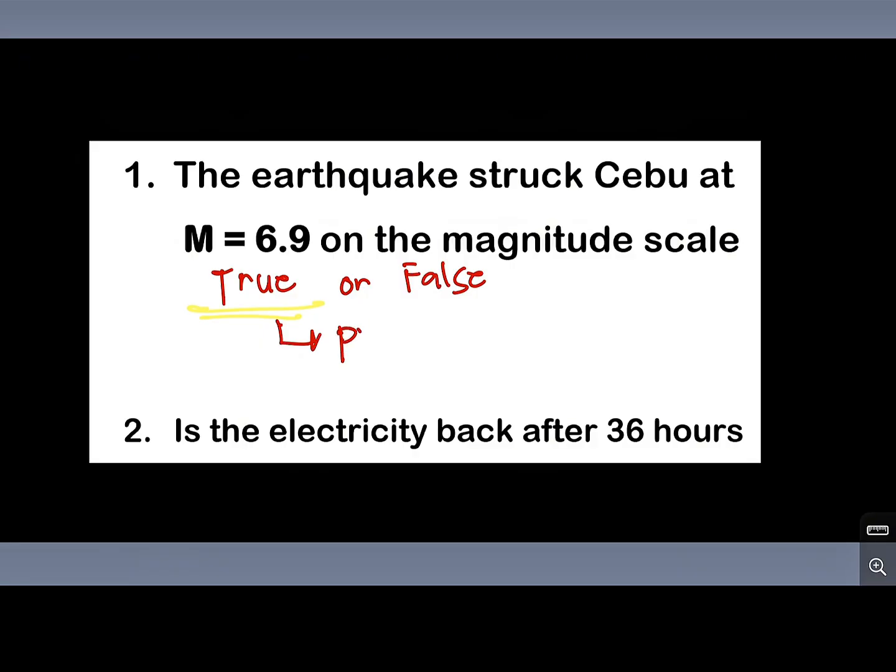Number 2, is the electricity back after 36 hours? This one is a question. So, it cannot be answerable by true or false and does not represent a truth value. So, we consider this one a non-proposition.